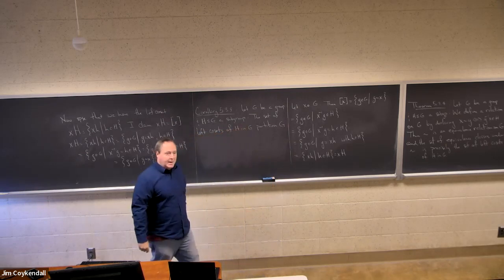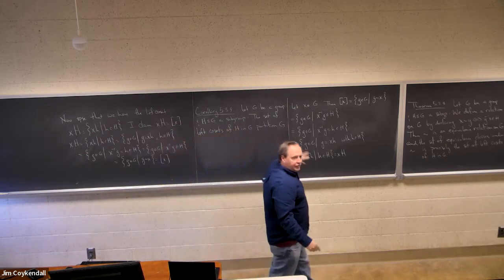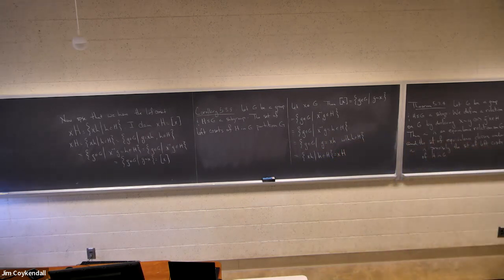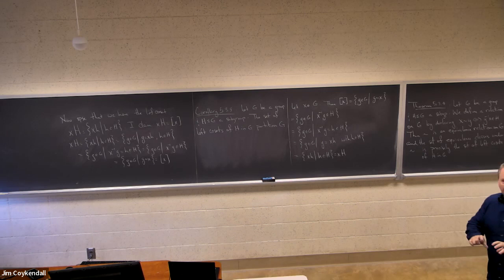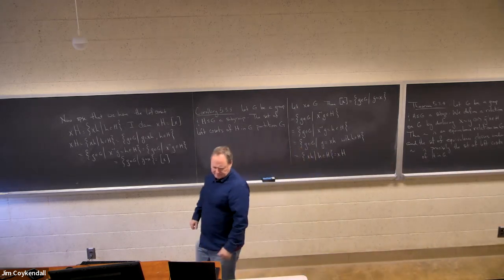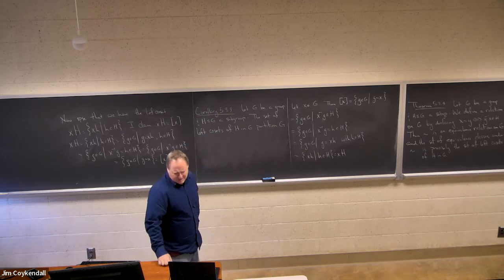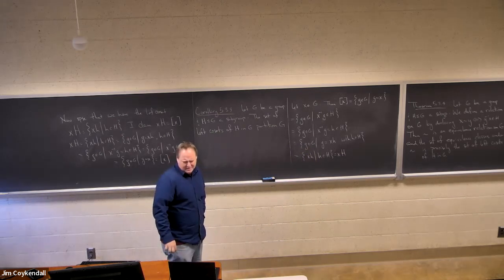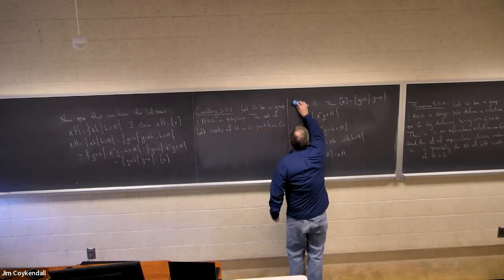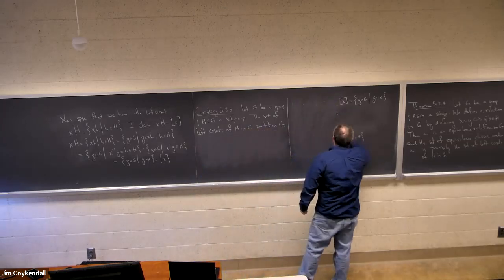Now remember what we mean by partition. G is a giant puzzle, and a partition is just breaking it up into puzzle pieces. When you put all the puzzle pieces together, you get all of G back, and no two different puzzle pieces overlap. So let me draw you a picture of what we've got so far.